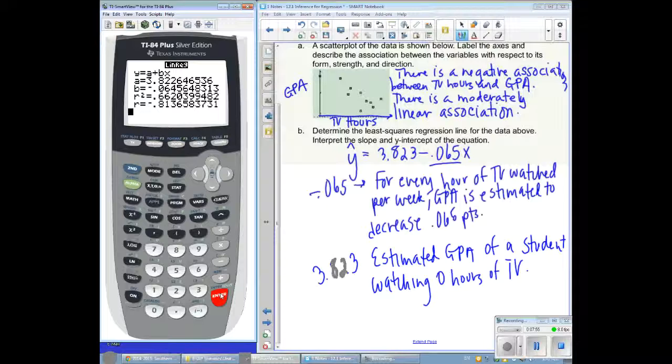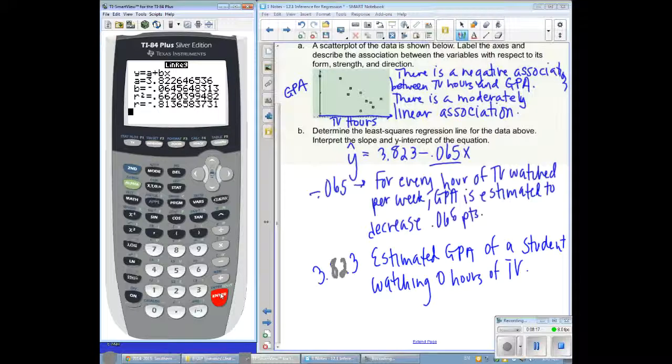And sometimes you'll find that your y-intercept doesn't make any sense in a problem. So for example, let's say this was like 15 something. Can anybody explain why sometimes the y-intercept doesn't make any sense for a problem? Exactly.